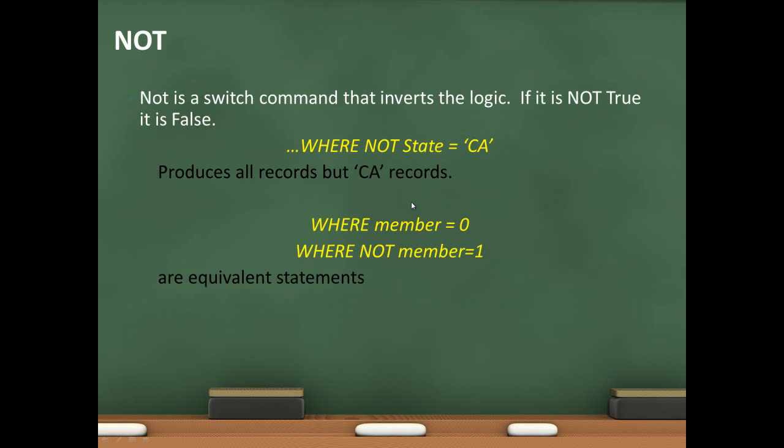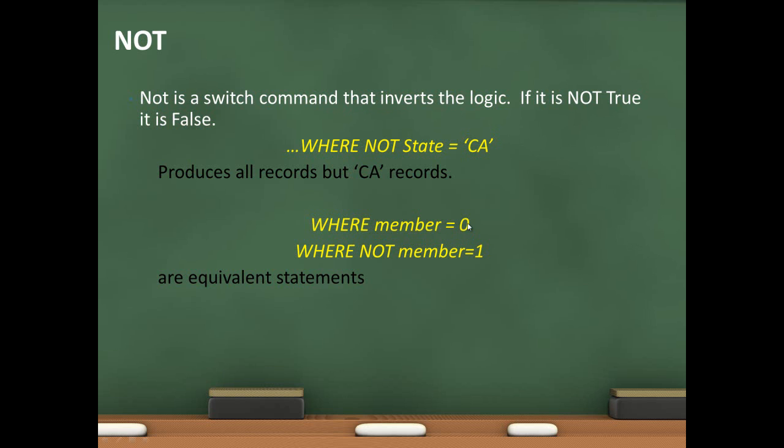Now let's talk a little bit about the not statement, how we can deal with not. The not statement is just the inversion thereof. So if I have state equals California and I put not in front of it, it's going to be the exact opposite. It's going to give me everybody but the state of California. Or if I say where member equals 0, that's assuming that member probably is a Boolean field.